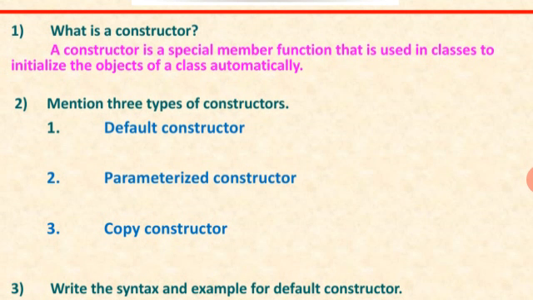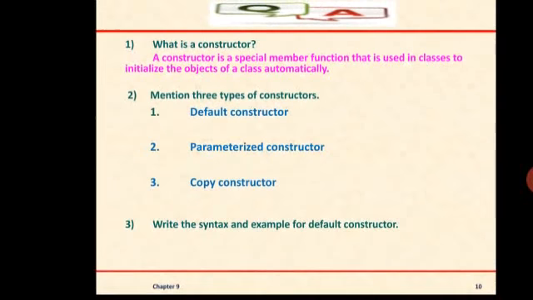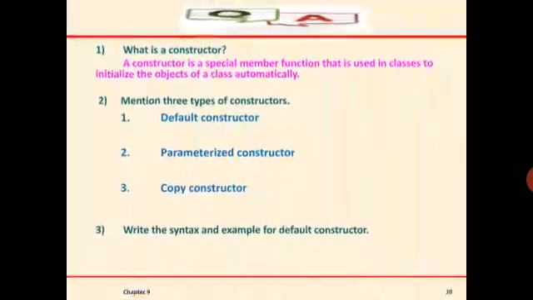First question: what is a constructor? A constructor is a special member function which is used to initialize the object of the class automatically. There are basically 3 different types of constructors: default, parameterized, and copy constructor. In today's class, we have learned only about the default constructor.